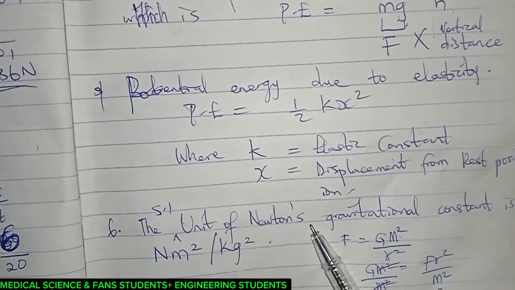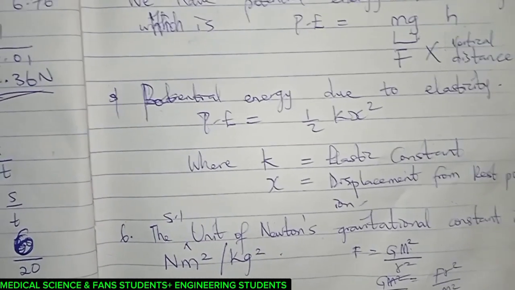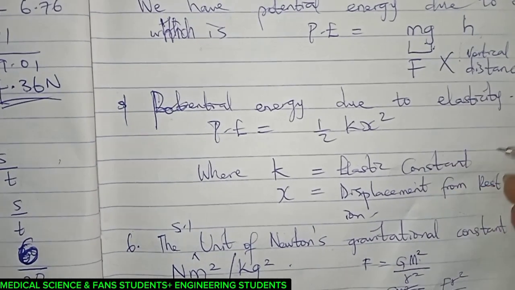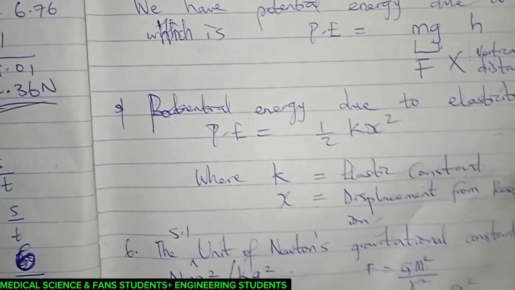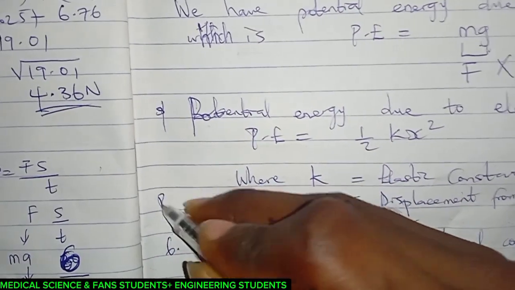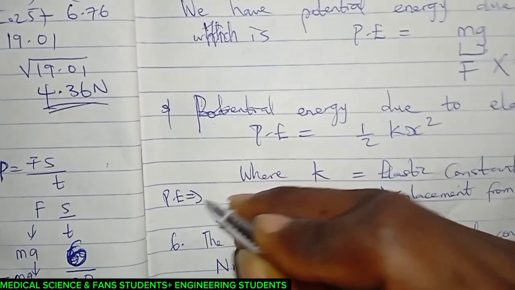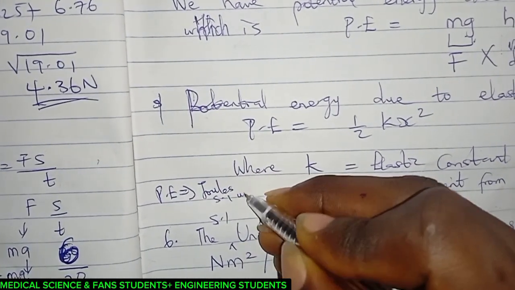Okay, number 6. So what is the unit of potential energy? The unit of potential energy is joules. You need to know that the unit of potential energy is joules. Joules is the SI unit.